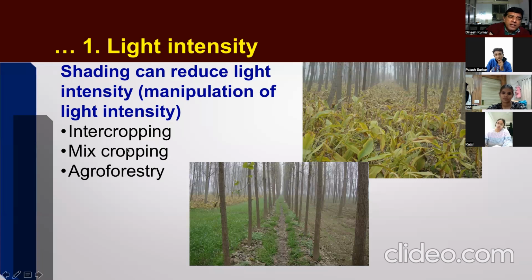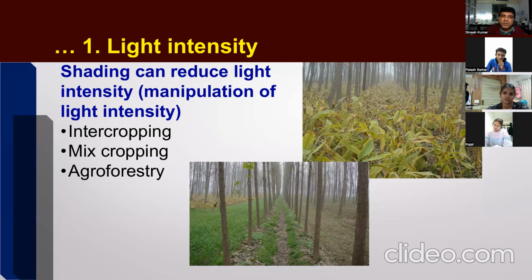Other alternatives are agroforestry, mixed cropping, or intercropping. In intercropping, there can be 2 or 3 components. One is the main crop, which is generally taller in the intercropping system. The other crop, the intercrop, which is sensitive to high light intensity, can be grown so that some shading effect comes from the main crop.